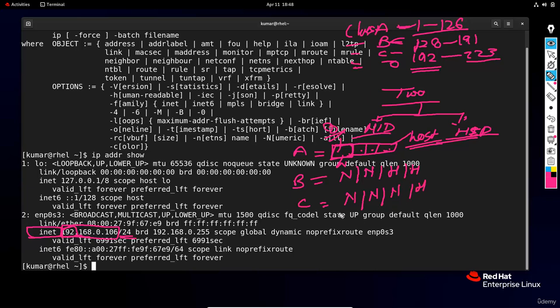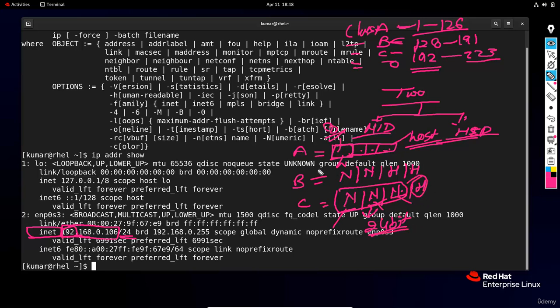So here is the total number of bits used for the network ID. If we add all these, it will be 24 bits. How? 8, 8 and 8. The total is 24 bits. The rest is the host ID.